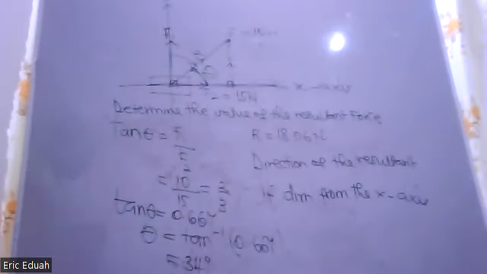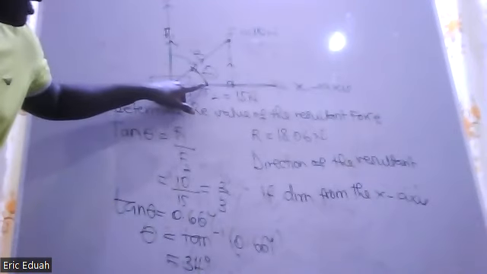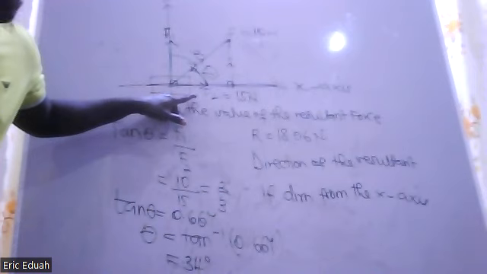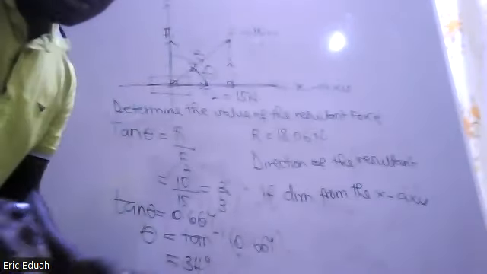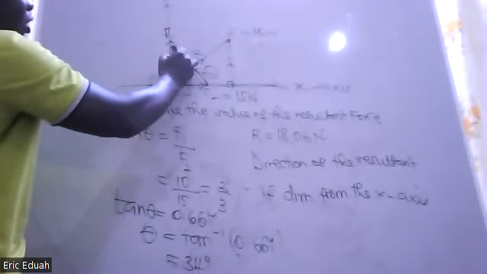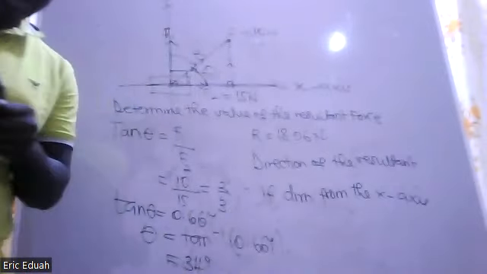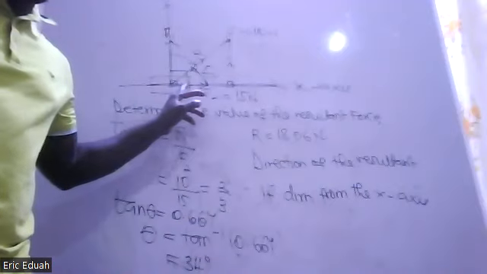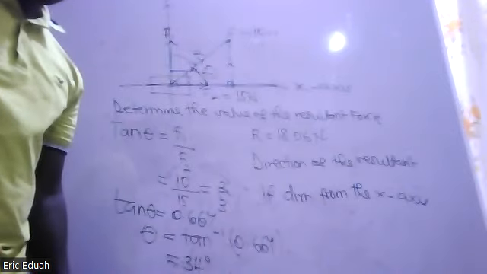So, to the nearest degree, 34. So this is the angle the resultant makes with which axis? The x-axis. Yes. Now, if you are looking for the angle this resultant makes with the y-axis, look at something. From the y-axis to the x-axis, what is the total angle there? 90 degrees.